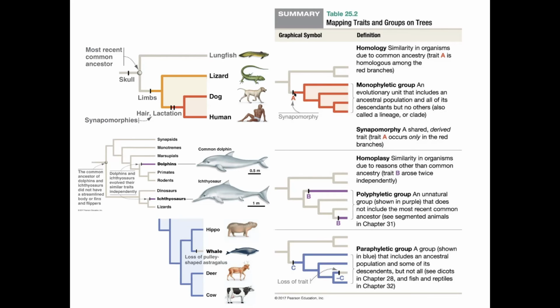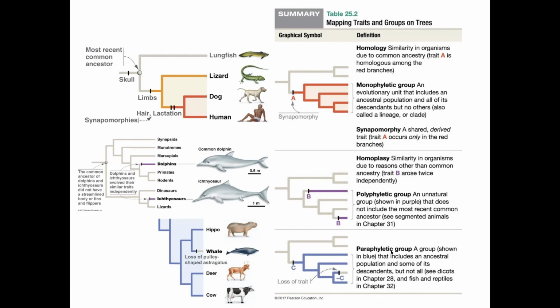That trait will be present in the common ancestor and all the descendants. We already know what a homoplasy is. It is a characteristic shared between organisms that was not due to common ancestry, but convergent evolution. And when we have a homoplasy, we are talking about a polyphyletic group because we have several origins for that characteristic. It appears more than one time.